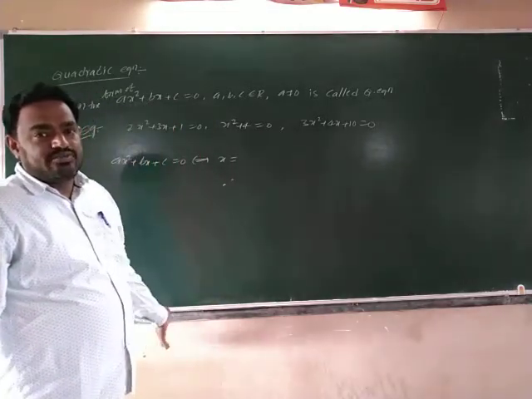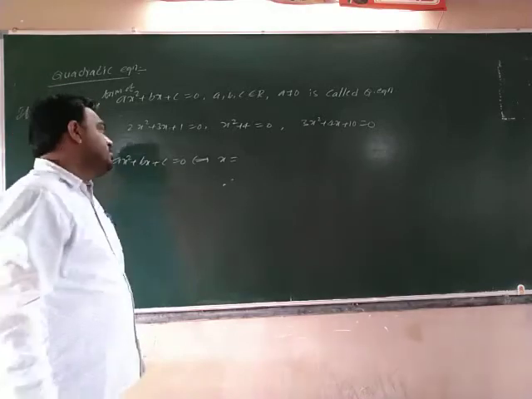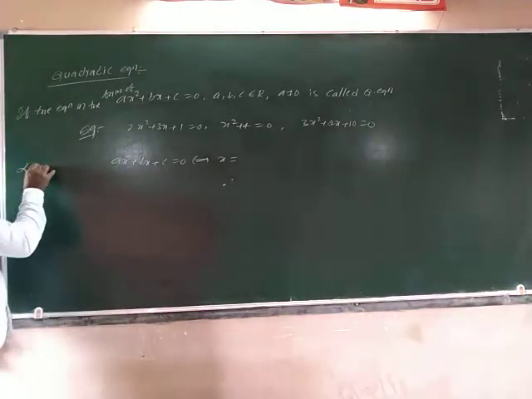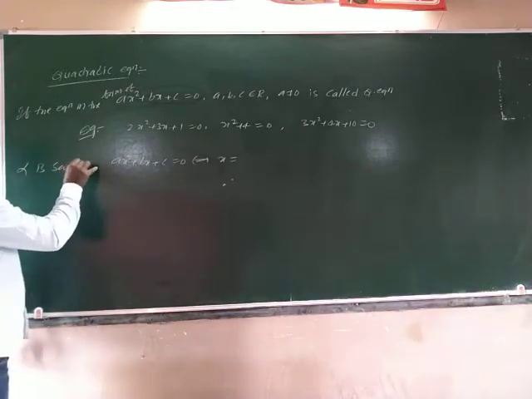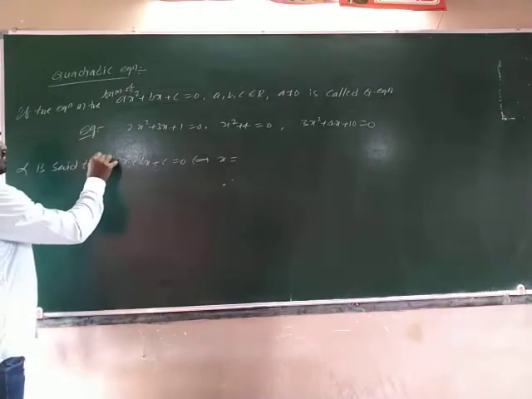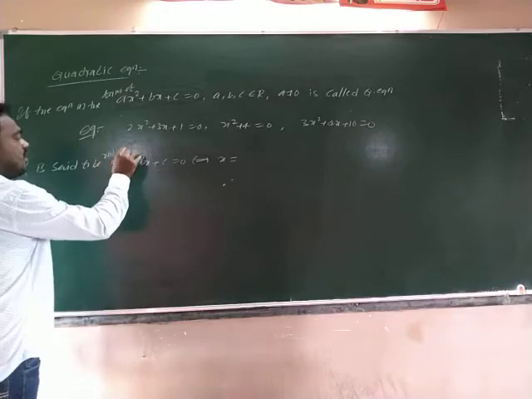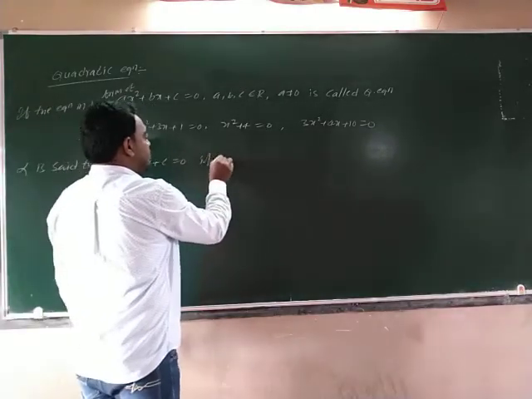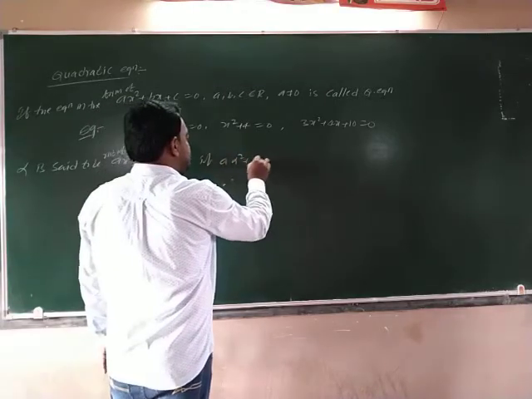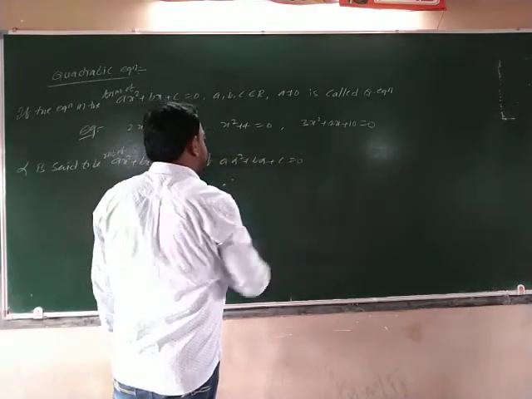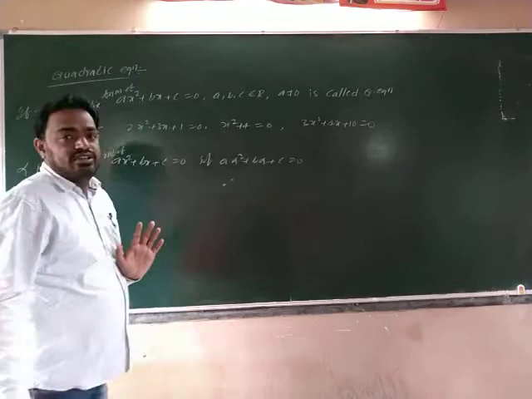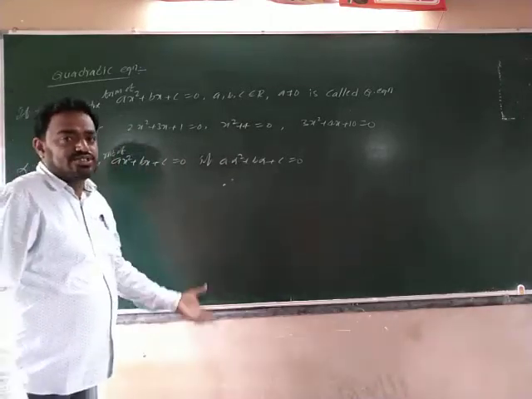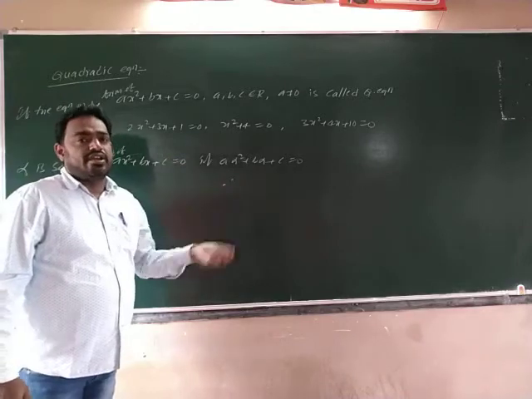Alpha is said to be a root of ax square plus bx plus c equal to 0 if a alpha square plus b alpha plus c equal to 0. That means alpha satisfies this equation. So this alpha is called a root, zero or solution of the quadratic equation.